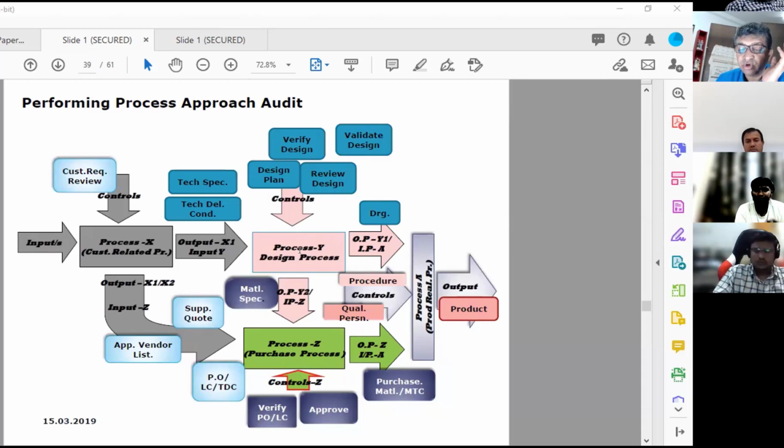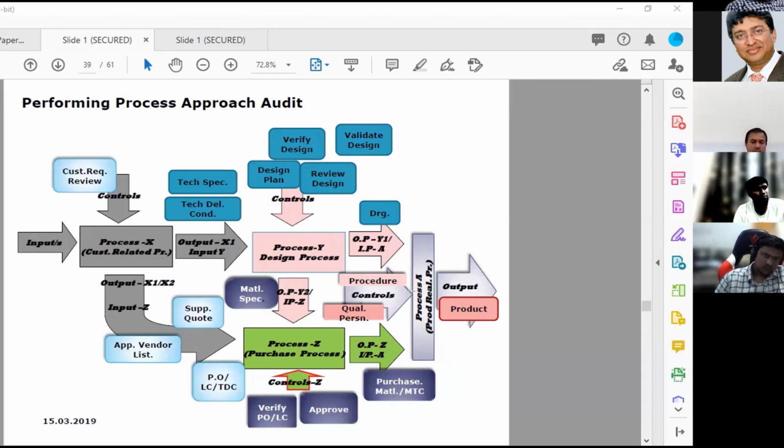So from the design process, you got the drawing, and you need more procedure and control for the operational process, which is the manufacturing process. So for manufacturing, you need the design document, you need the material that is purchased, you need procedure. These are the inputs for the production process, and the production process gives the output, which is a product. So to get this product, you need all of this.